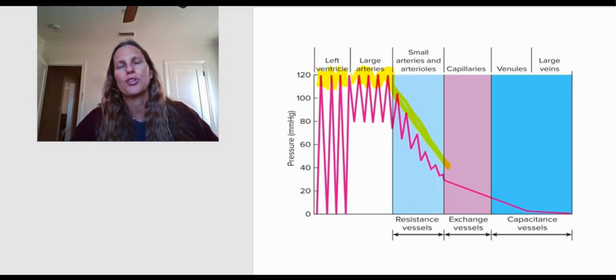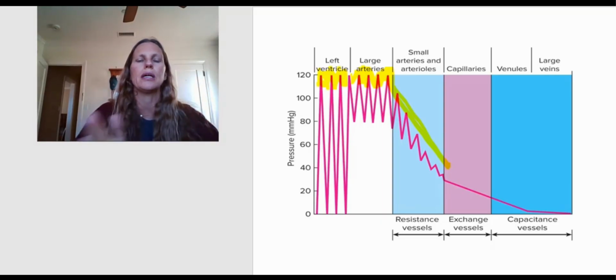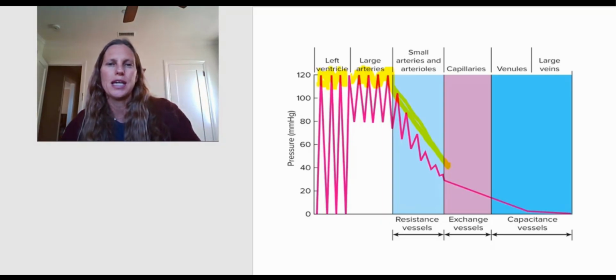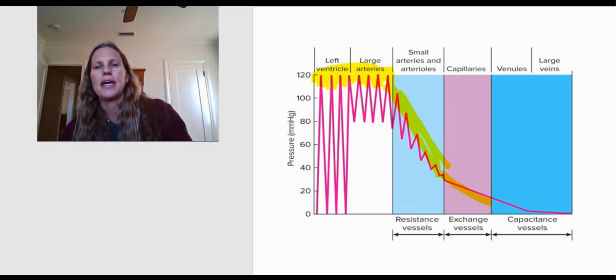Somewhere between 35 and 40 as we go into the arterial end of the capillaries. That's a really big pressure drop. You don't see any pressure drop here. You see this big pressure drop here, and a small pressure drop as we move through the capillaries.